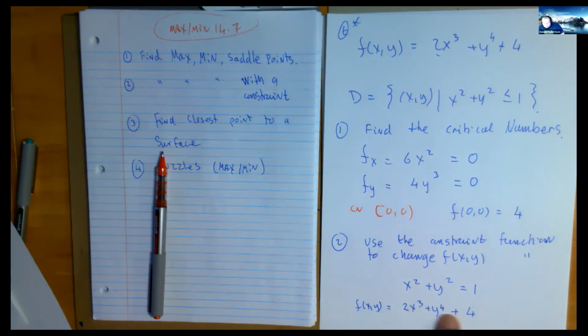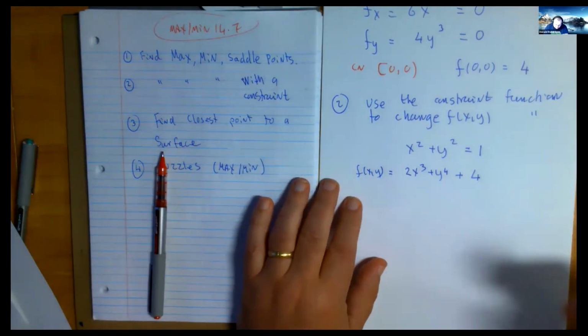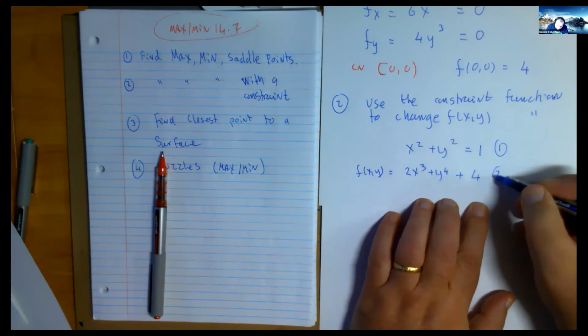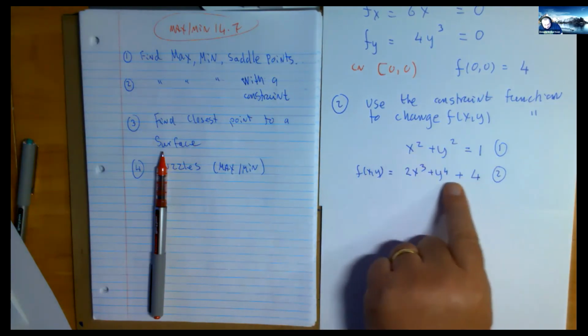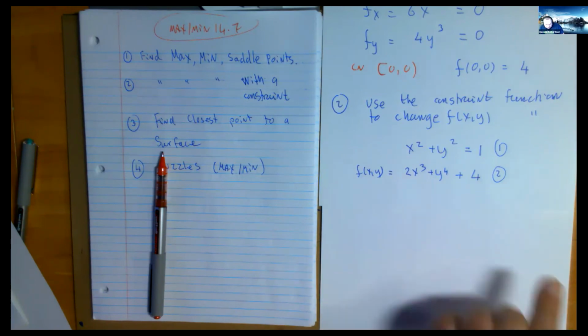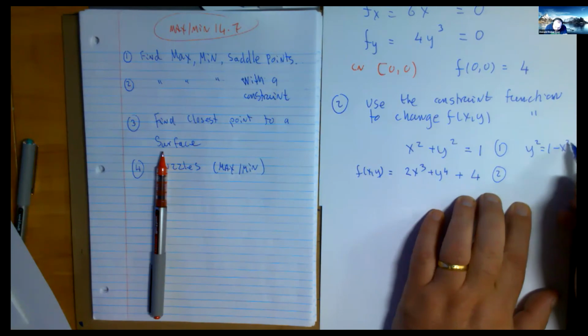I either make it a function of x or a function of y, whichever one I think is going to be the easiest. Now, I'll call this equation number 1, and this one number 2. If I look at equation 1 and equation 2, my mind is saying to me, if you rearrange, you can call y squared that.